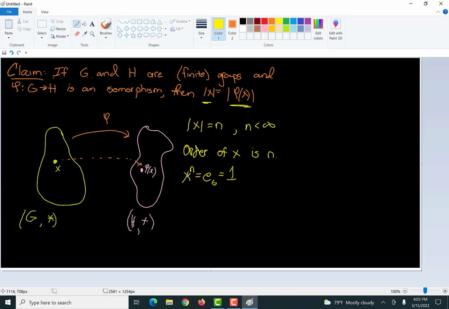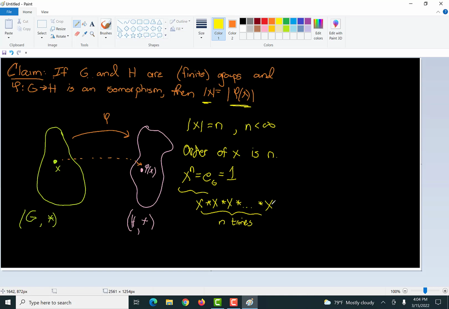So that's one property of being the order. And what that means here is that X star X star X star, if I do that n times, that's what it means to raise X to the nth power. It doesn't mean to multiply, it means do the binary operation here.